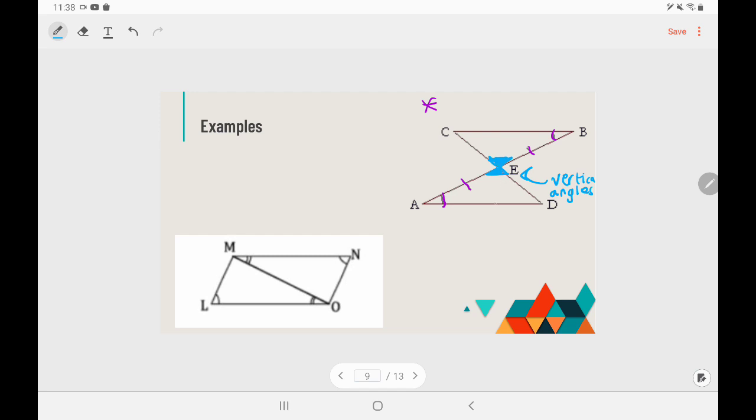Now I can't call them both angle E because that doesn't give me specific information about what angles I'm talking about. So if I were to write my statements I need to write in order to prove that they're congruent, I'd start by writing angle A is congruent to angle B, segment AE is congruent to segment BE.